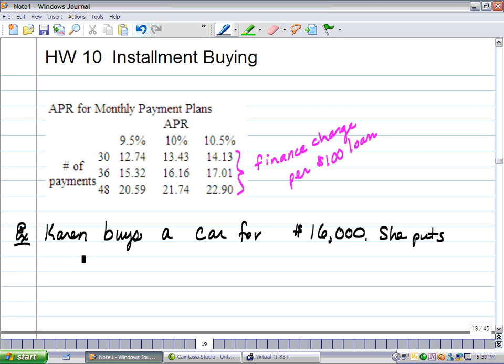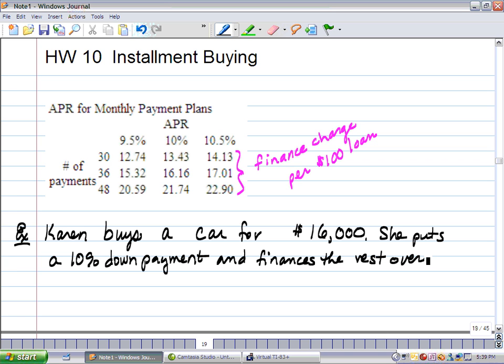She puts a 10% down payment and finances the rest over the next 4 years, which is 48 months.